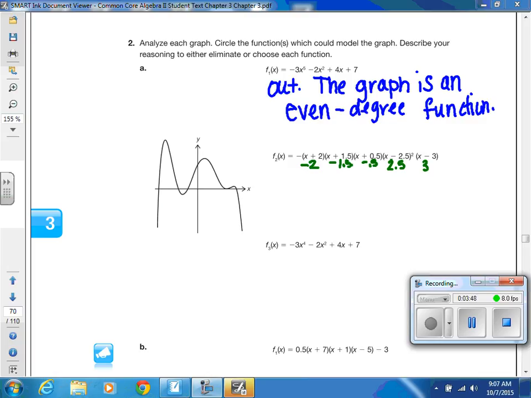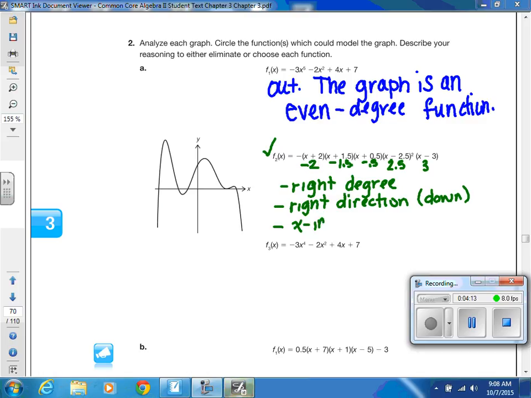This one is a go because it's the right degree, it's the right direction, and the x-intercepts match. Well, they match as well as we can tell, because I don't really know if that's -2, but I know that there are 3 negatives and 2 positives.